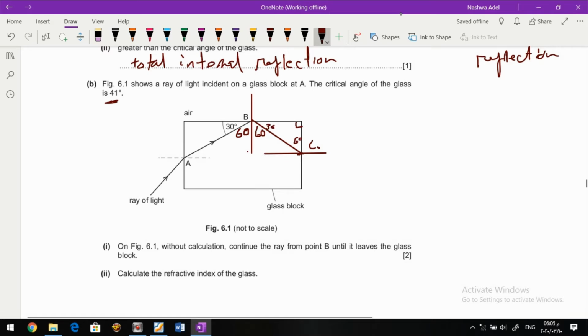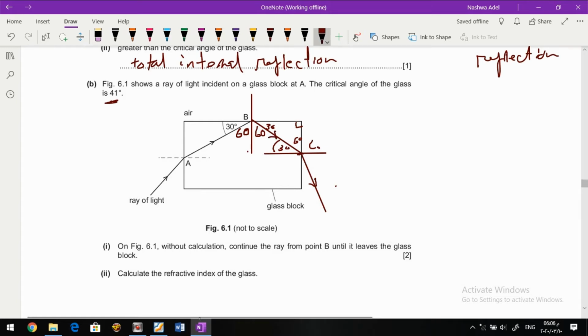The angle of incidence is 30. It is less than 41, so the ray will refract and it refracts away from the normal. So the ray goes away from the normal like this. Okay, so this is the path of the ray.